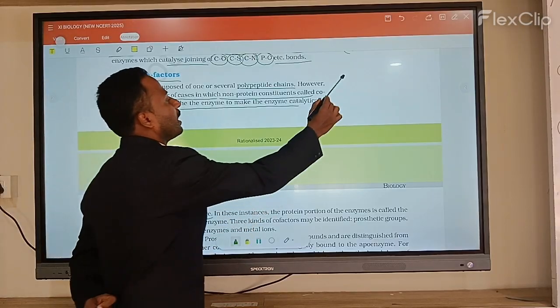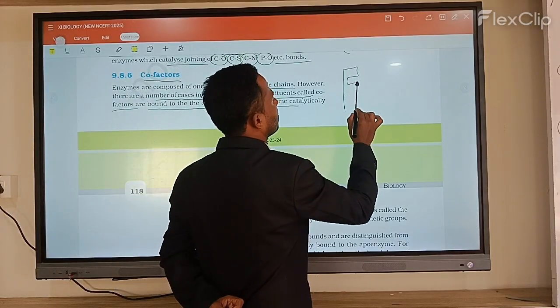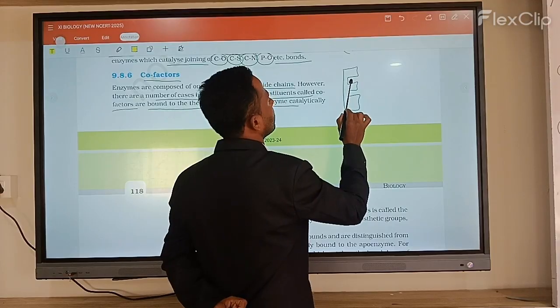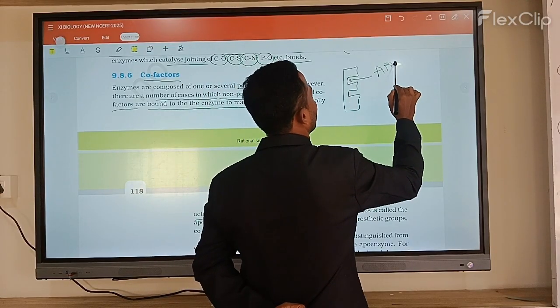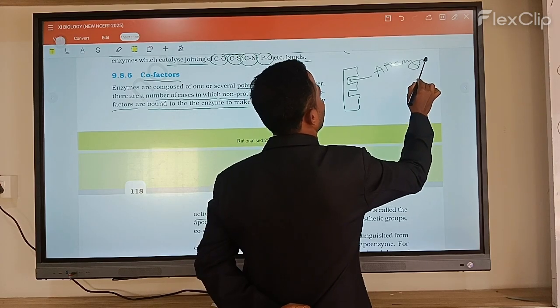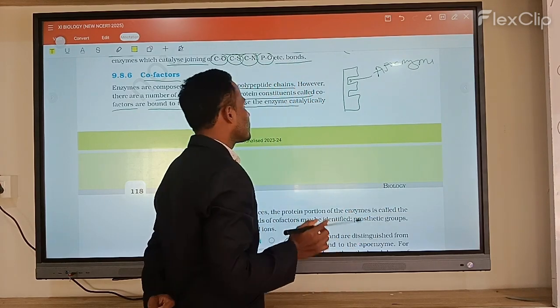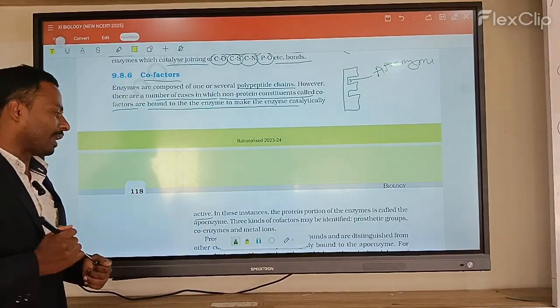So when you take a particular enzyme, it has two parts. The protein part is called the apoenzyme, and the non-protein part is called the cofactor.